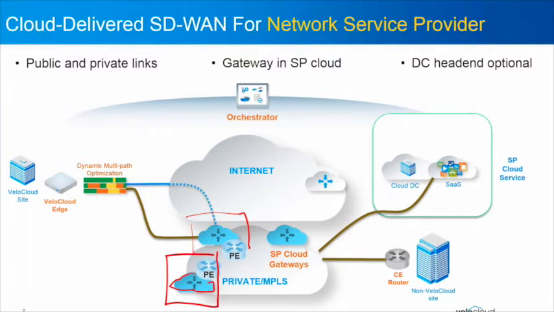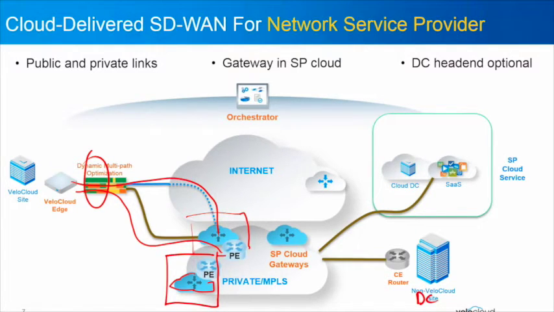The reason why this is important is that we can offer augmented MPLS to the service provider. This is the ability for us to build tunnels across both MPLS as well as across the internet, and leverage both of those links to provide this augmented MPLS. And when you get to your data center, you don't need to put a head-end device there.